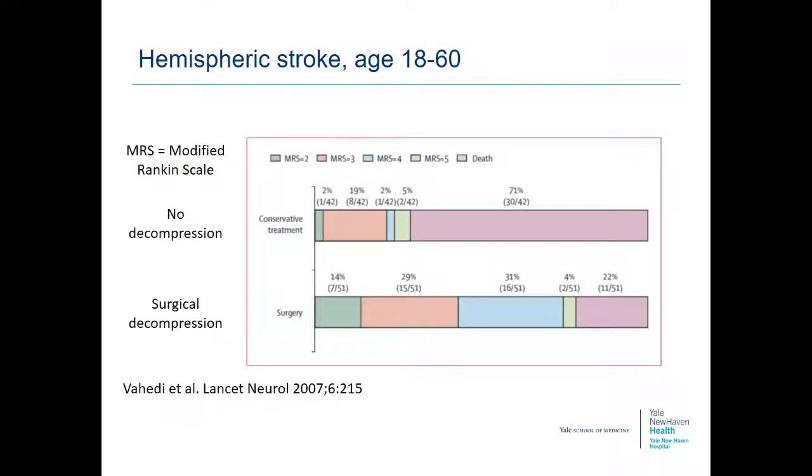With regards to ischemic stroke, one of the most common situations we find ourselves as neurointensivists prognosticating is outcomes after large hemispheric MCA stroke. What you see here is the outcome data from a pooled analysis of 3 major craniectomy trials in patients younger than age 60. This data is from the last decade, and you can see the outcomes split between those patients that received conservative treatment, or did not go for craniectomy, and those that went for craniectomy in these trials.